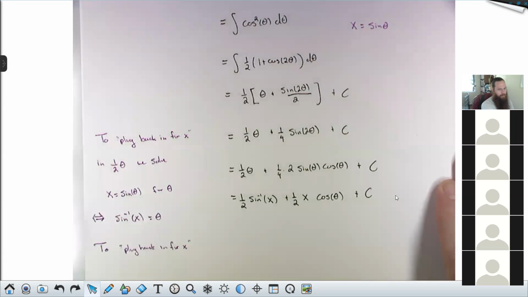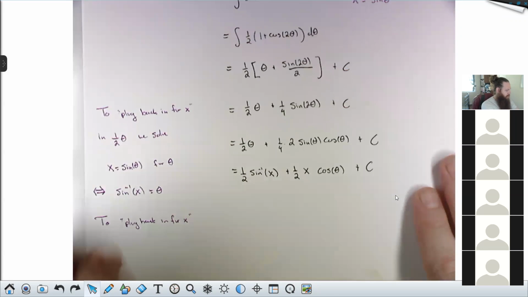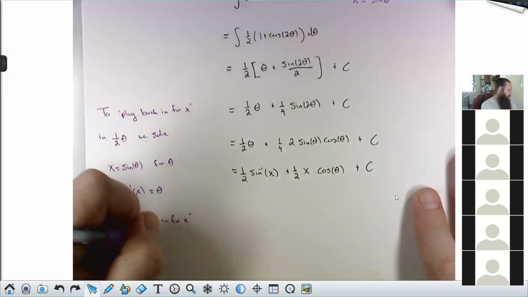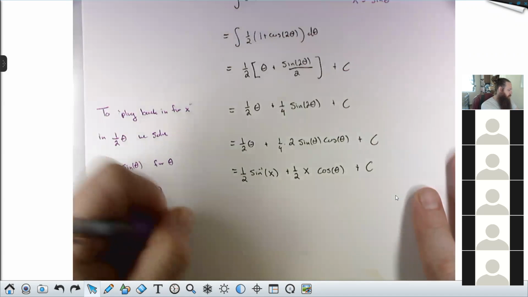That's how everybody always says it, right? To plug back in for x in cos theta, I need to draw a triangle.